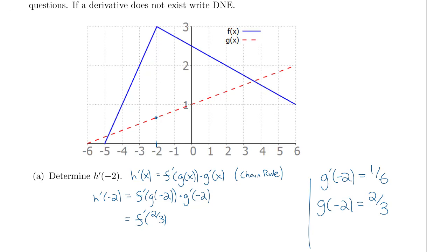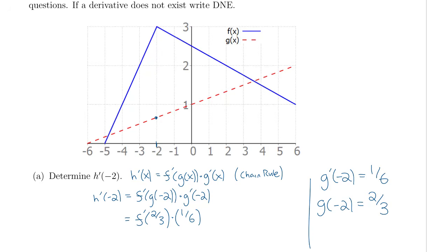So we find the value of g of negative 2. We found that to be 2/3, and so we make that substitution. This tells us that we need f prime of 2/3. g prime of negative 2 is just 1/6, so we already have that value.